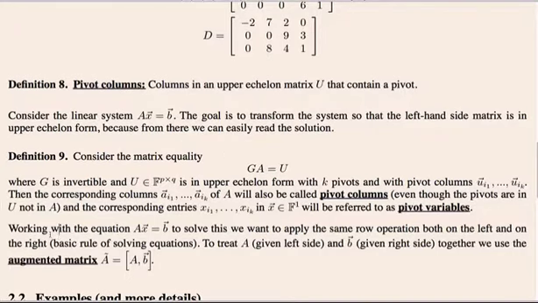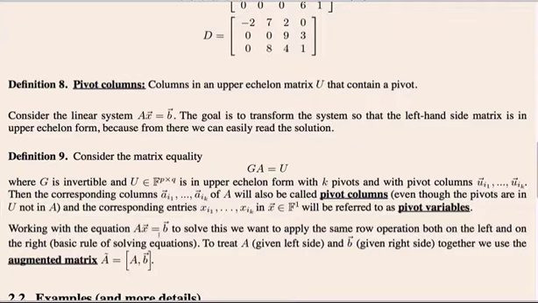So we will be working with the equation Ax = b, and to solve this we want to apply the same row operation both on the left and on the right. This is the basic rule of solving equations, that whatever you do on one side you're supposed to do on the other side, so that you get an equivalent equation.